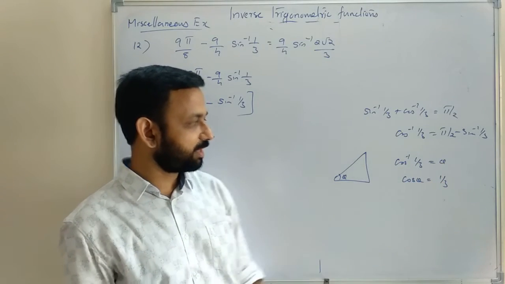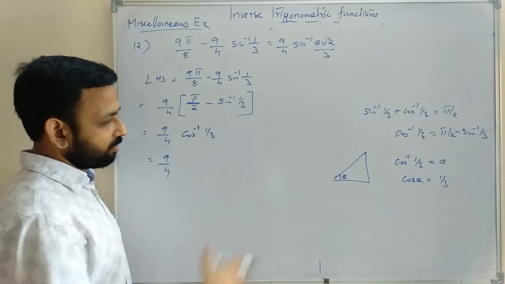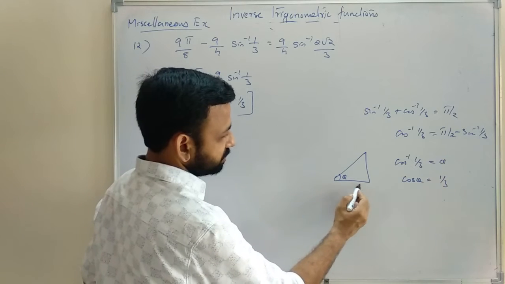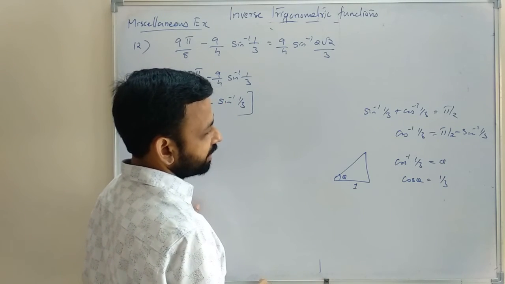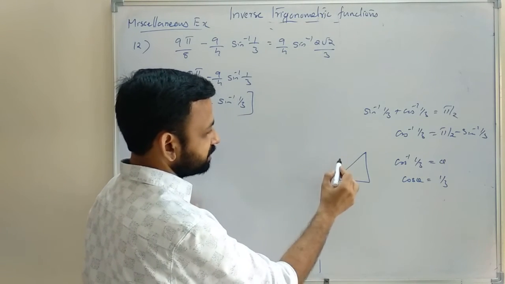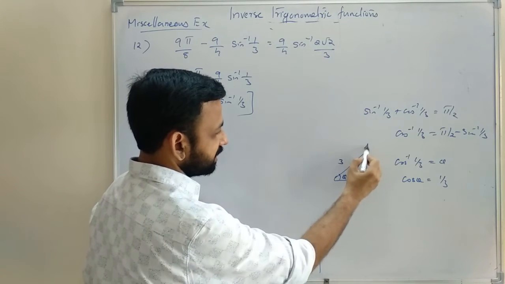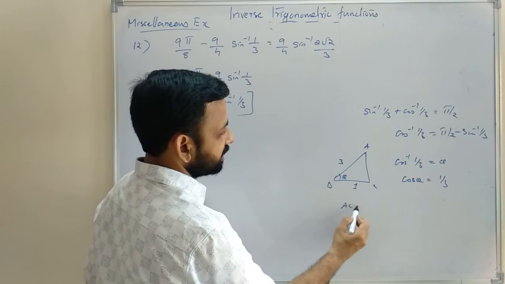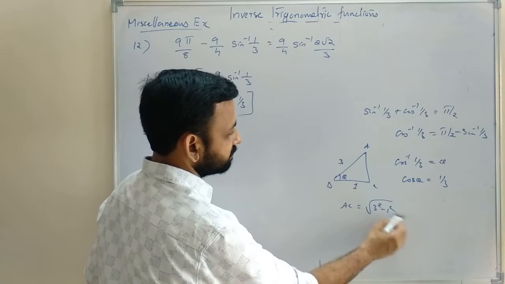Therefore cos theta is equal to 1 by 3, and cos theta is base upon hypotenuse. So base is 1 and hypotenuse 3. When we apply Pythagoras theorem, AB is equal to square root of 3 square minus 1 square.